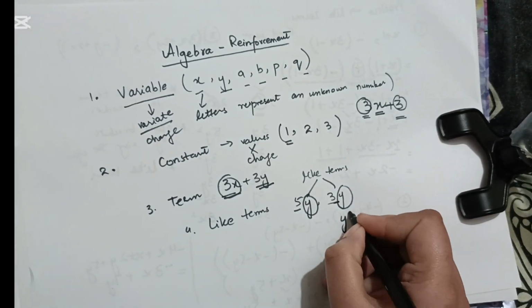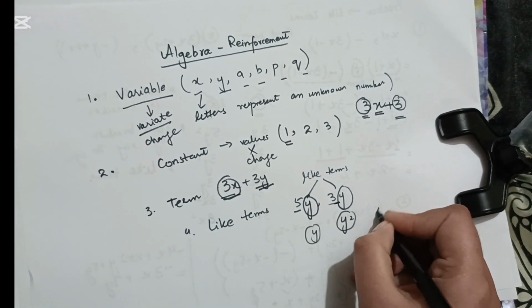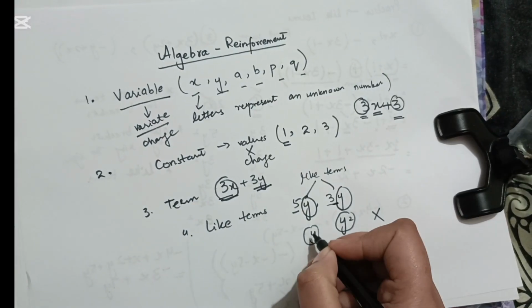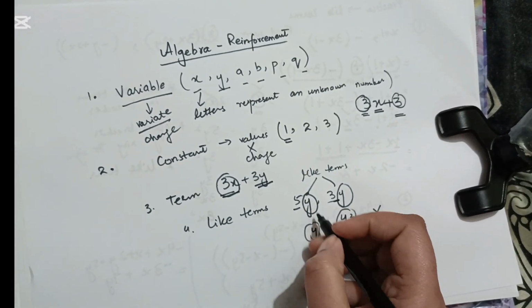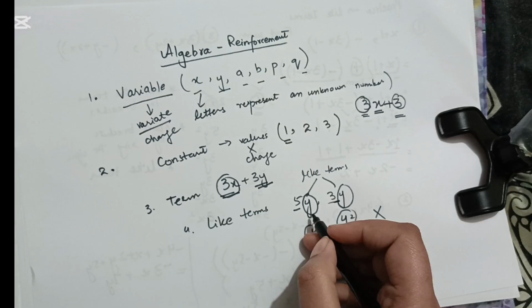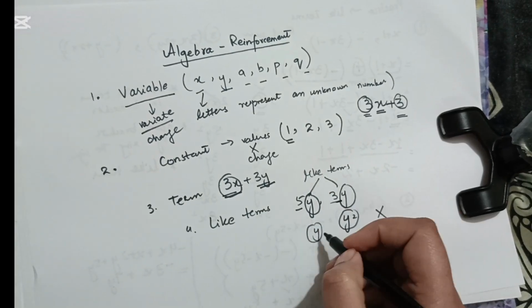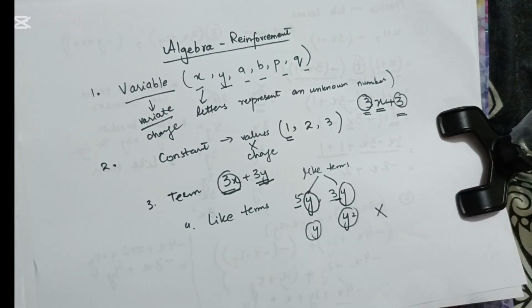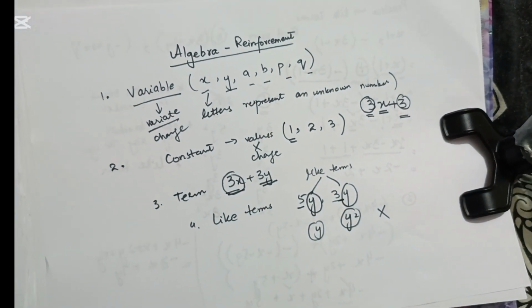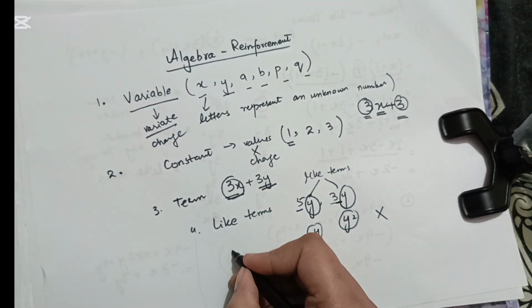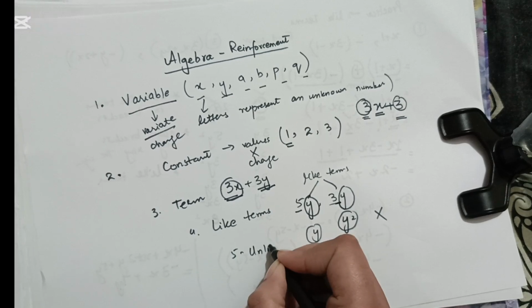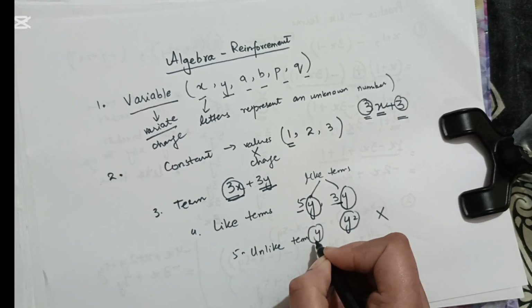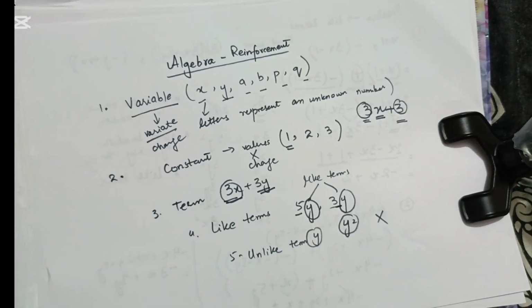If it is y square and y, it is not like terms, because one is squared and one is without square. The variable should be exactly the same for like terms. If it is not, then we have another name for it, unlike terms, right? So y and y square are unlike terms.